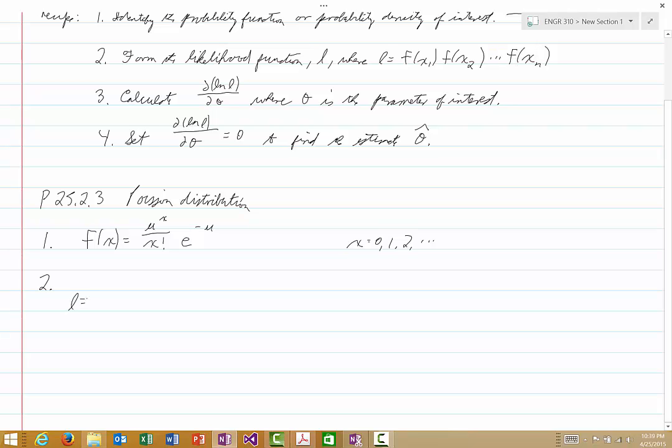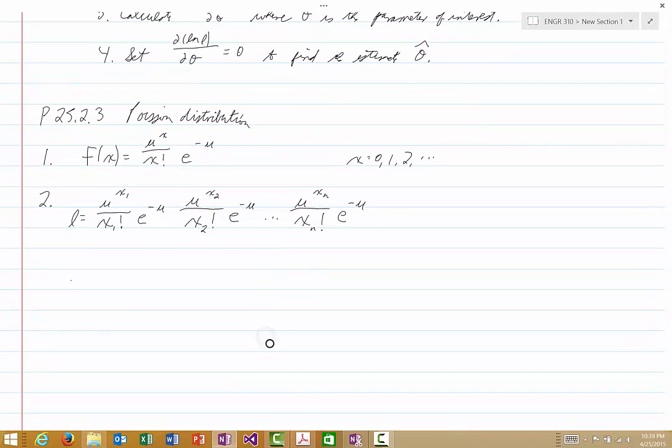So L would be equal to mu to the x1 over x1 factorial times e to the minus mu times mu to the x2 over x2 factorial e to the minus mu dot dot dot mu to the xn over xn factorial e to the minus mu. And that can be written a little more compactly.